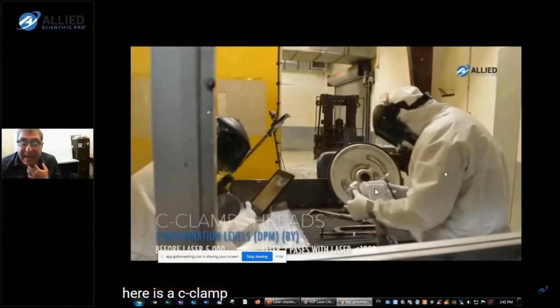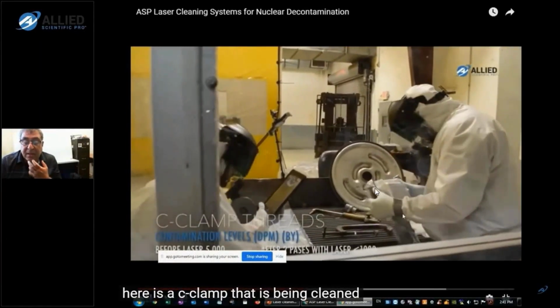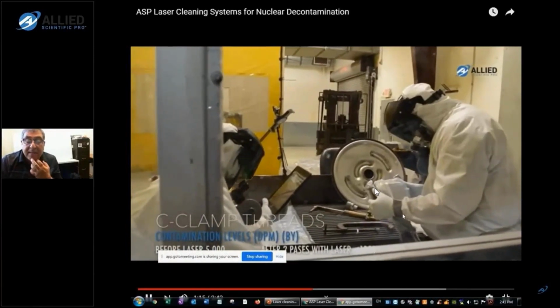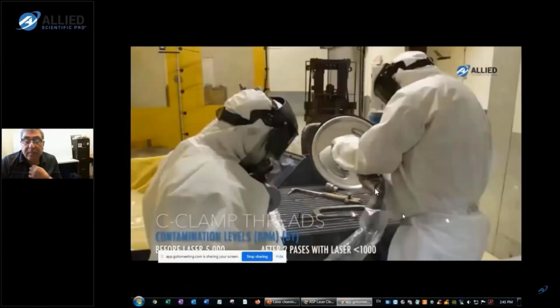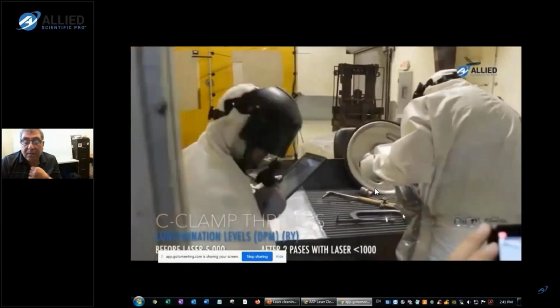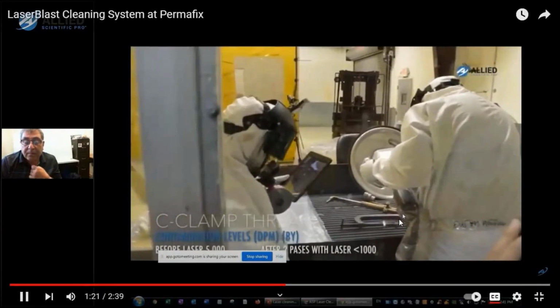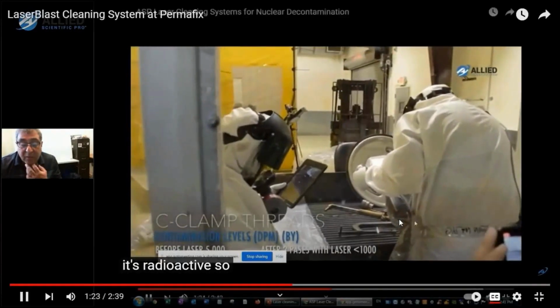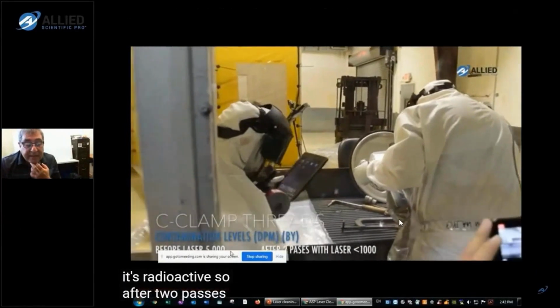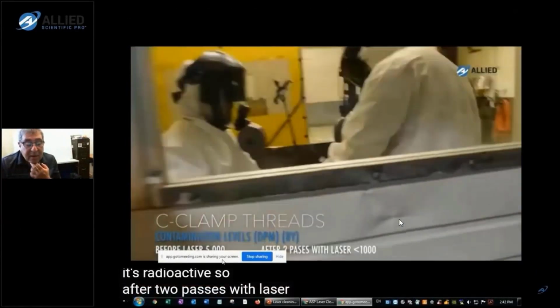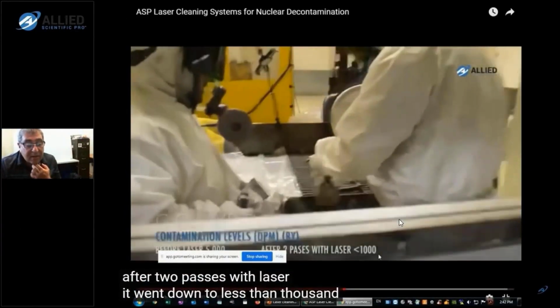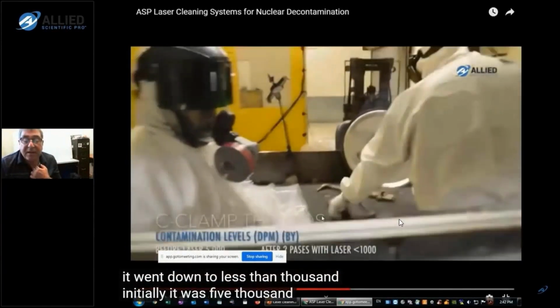Here there's a C-clamp that is being cleaned. It's radioactive, so after 2 passes with laser, it went down to less than 1,000. Initially it was 5,000.